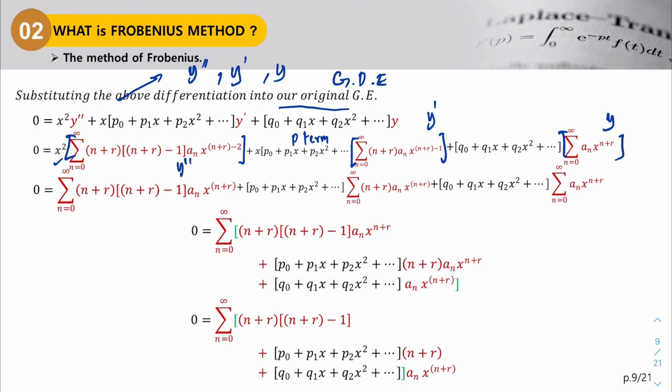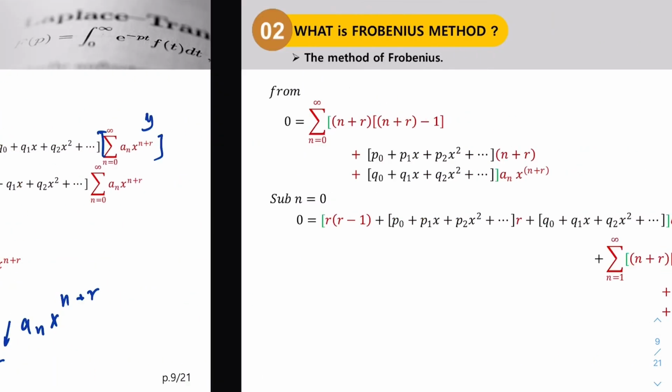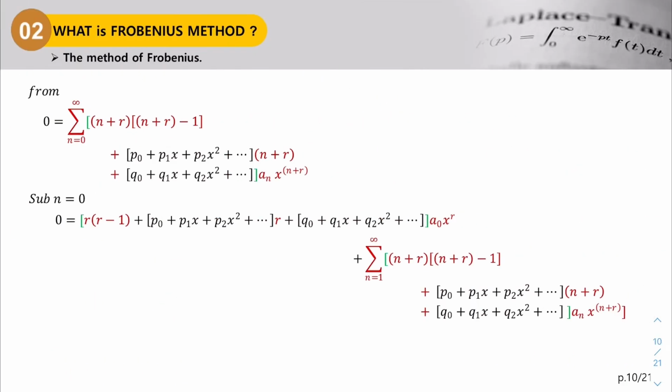We rearrange, and we pull the a_n x^(n+r) out of the bracket. Okay, we substitute n equals 0 in the last equation from the last page. We get 0. Okay, we got the equation.